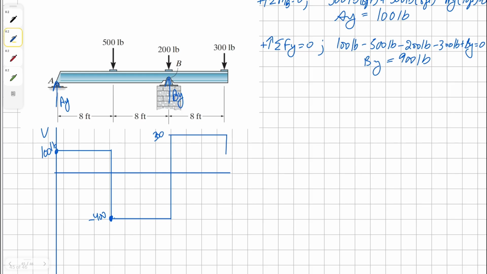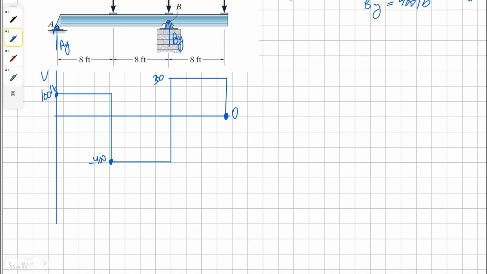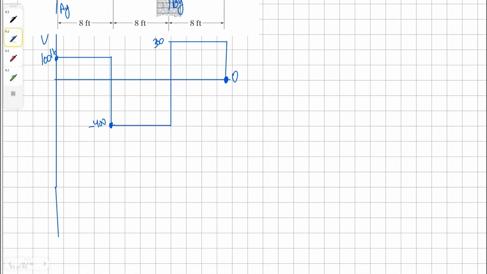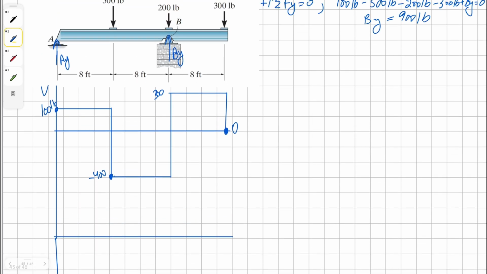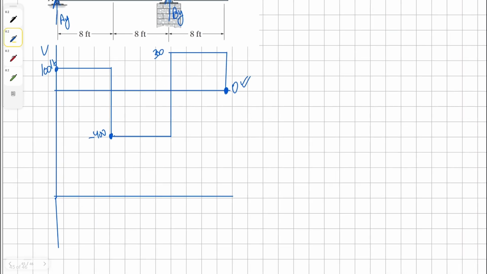And then we're going to come down by 300, and we're going to come down to 0. Now we're going to move over to moment, and we know we did our shear diagram correctly because we reach 0. As long as we reach 0, we know that our diagram is correct.